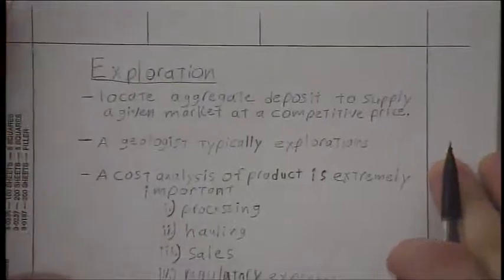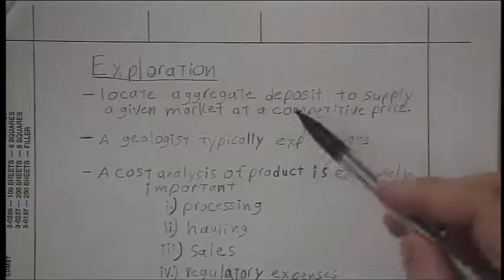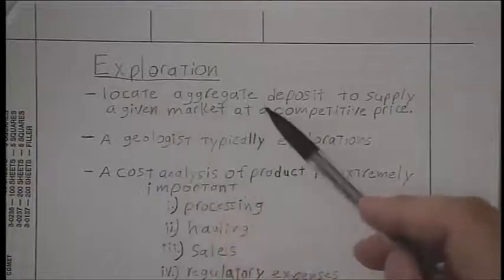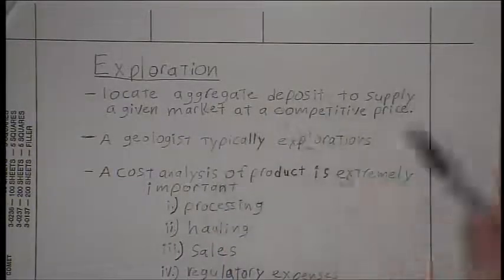So now we're going to talk a little bit about exploration. Exploration is when geologists go and try to locate aggregate deposits to supply a given market at a competitive price.